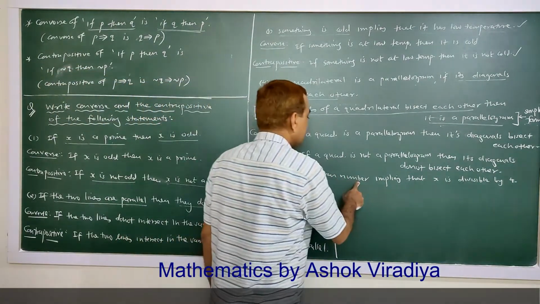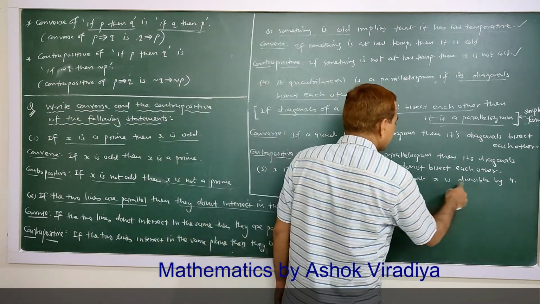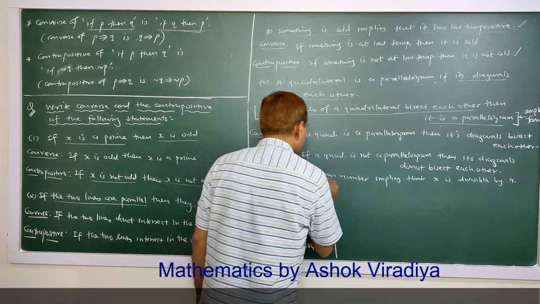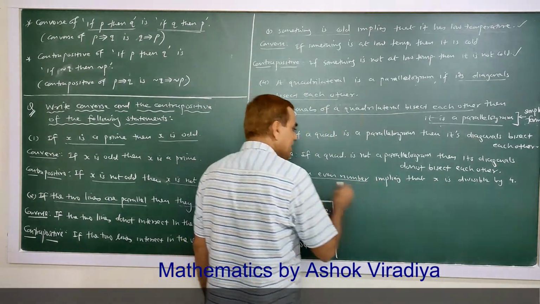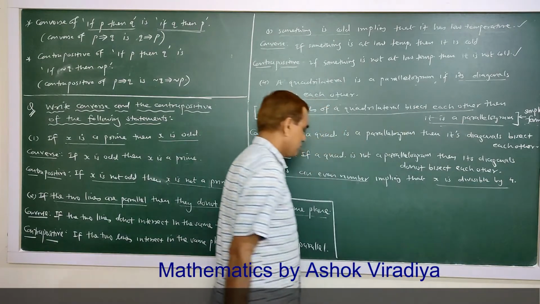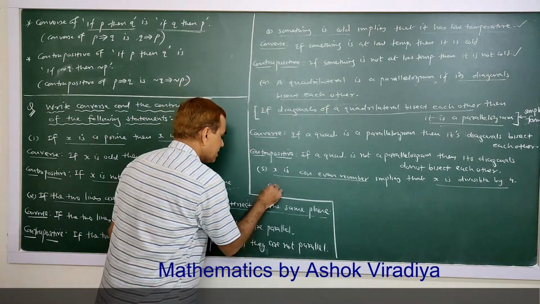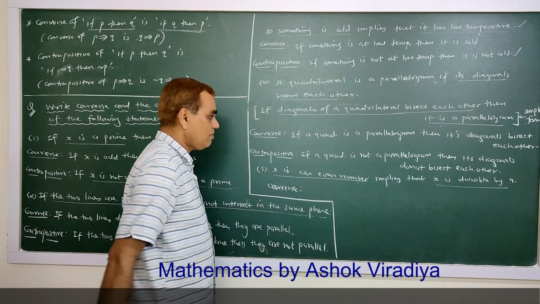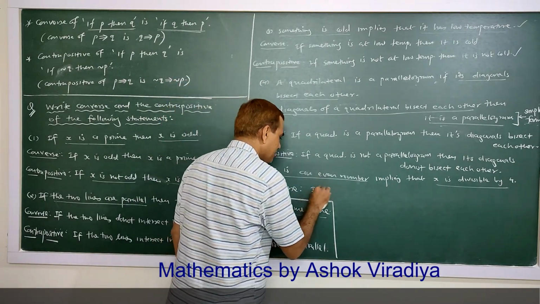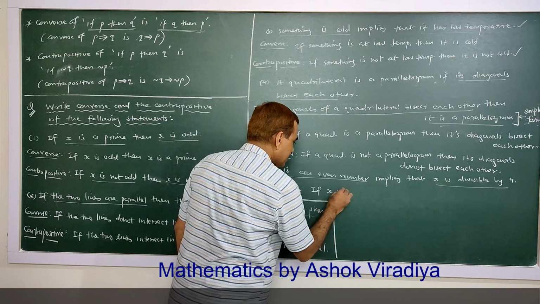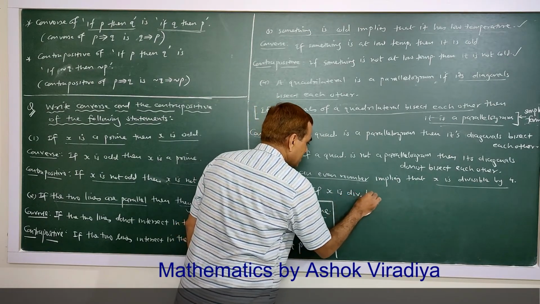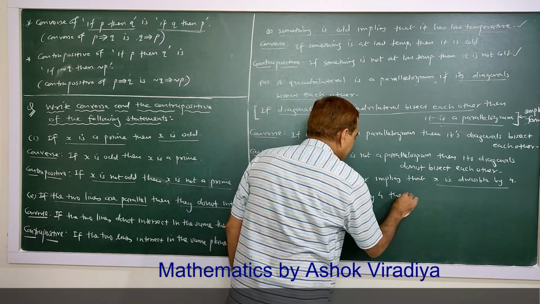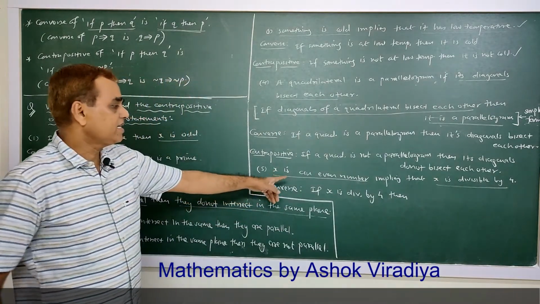Now here, x is an even number implies that x is divisible by 4. So here this is simple. This is P, this is Q. So converse is if x is divisible by 4, then x is an even number.